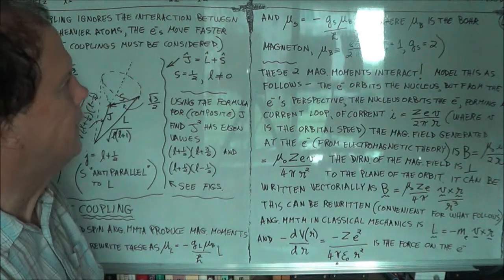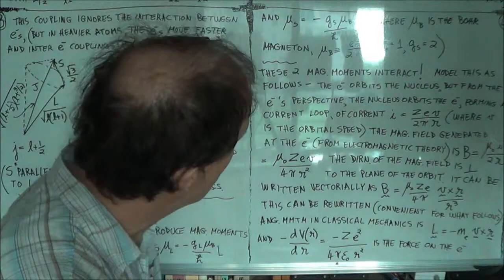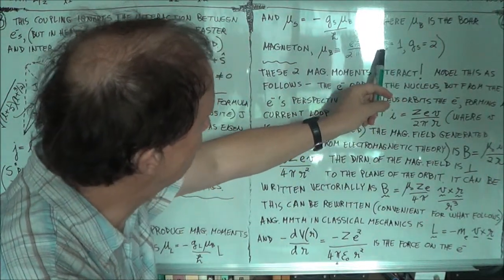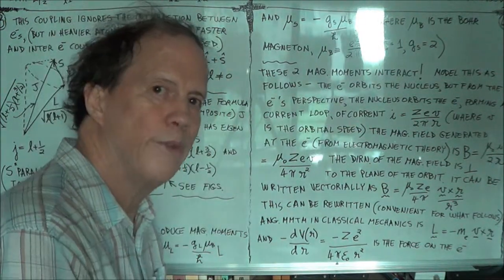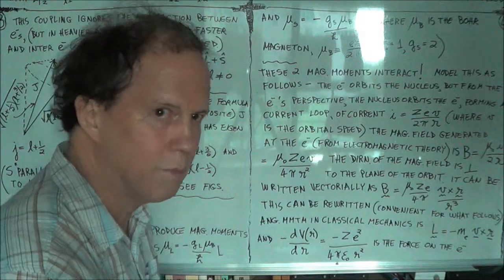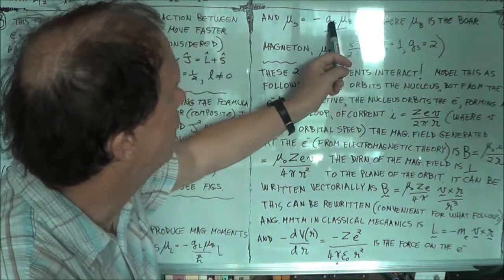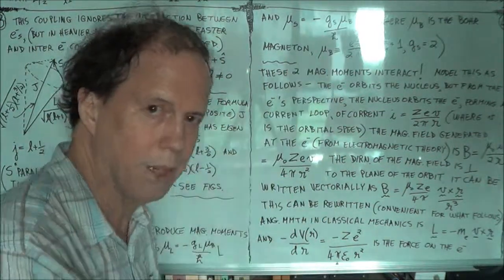Why is that? High level stuff. Don't worry about it. Okay. So for the orbital angular momentum, this g factor is 1, and for quantum field theory, Dirac equation type relativistic reasons, g S is 2 in the case of spin. Don't worry about it, it's high level stuff.